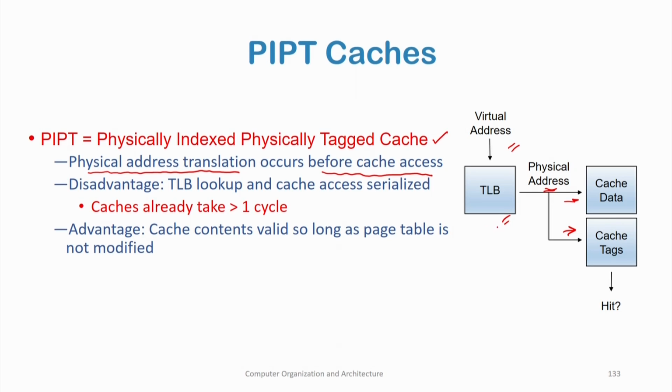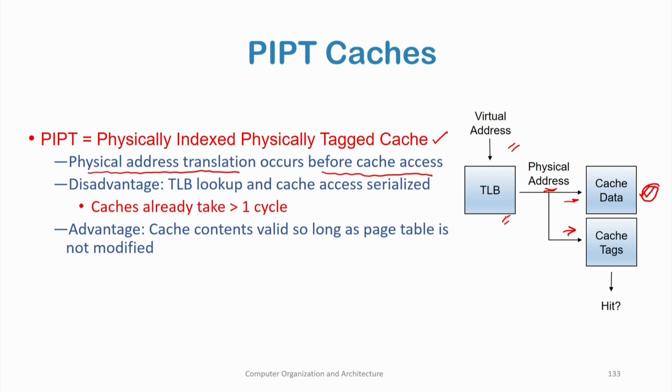The only problem with this architecture is that the TLB comes into the critical path of data access. So, even if I have the data in cache, I have to go through the TLB and then obtain the physical address and then be able to access the cache.